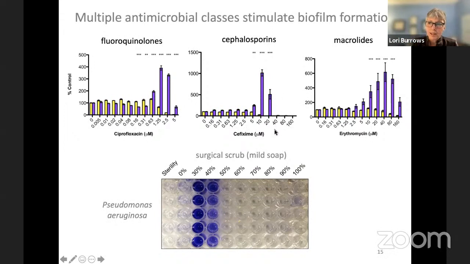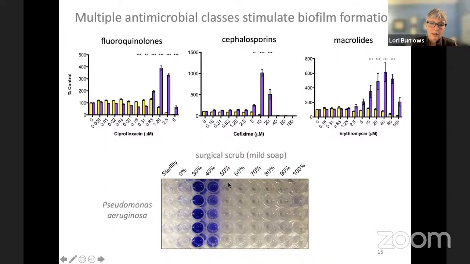And, you know, it doesn't even need to be an antibiotic per se. So this bottom image is a 96-well plate where Pseudomonas has been exposed to soap, just very mild soap. We were doing a study with some surgeons here who were trying to test this as a scrub before they do surgery. So at 100%, so undiluted, this soap will kill Pseudomonas, so you don't see any biofilm.